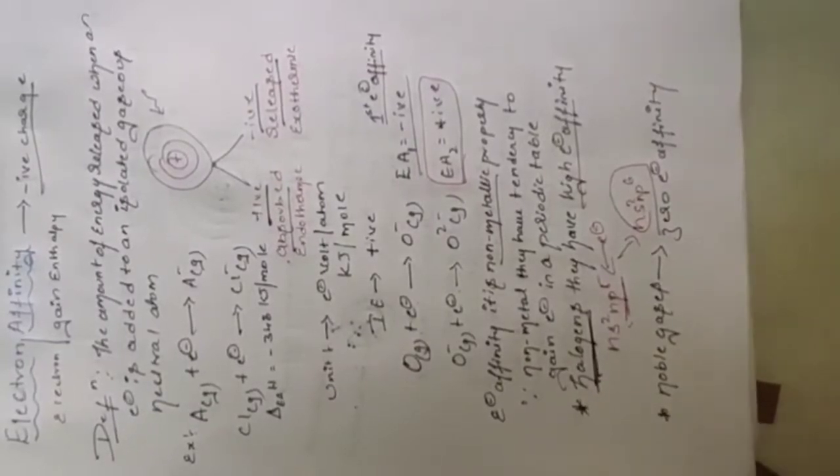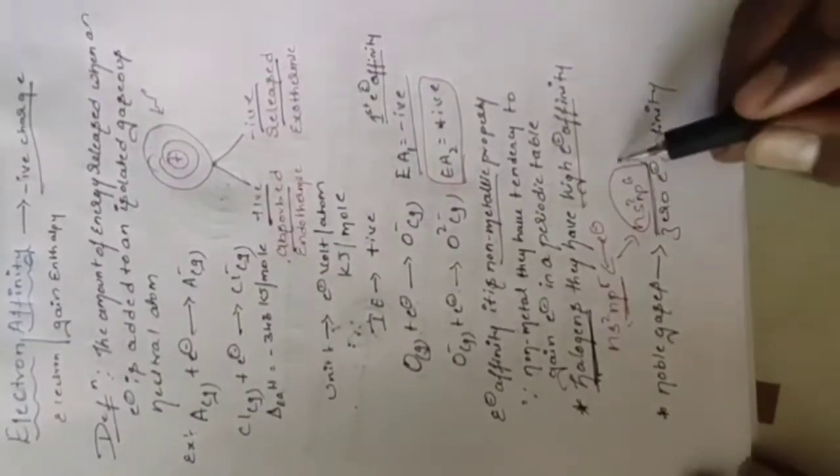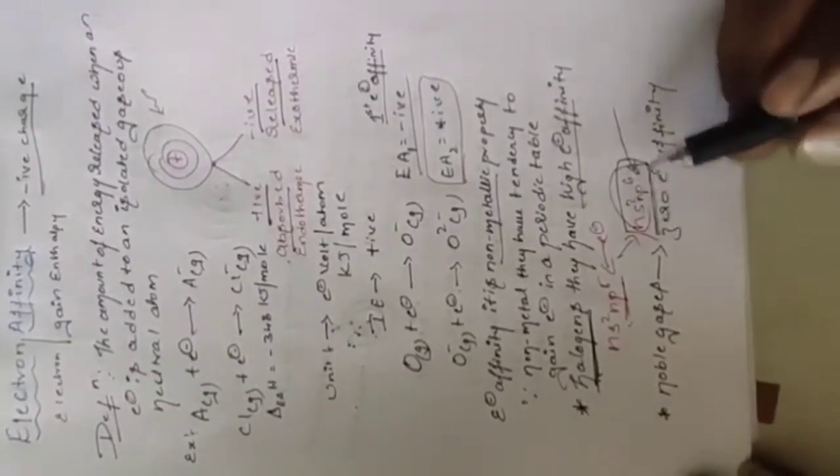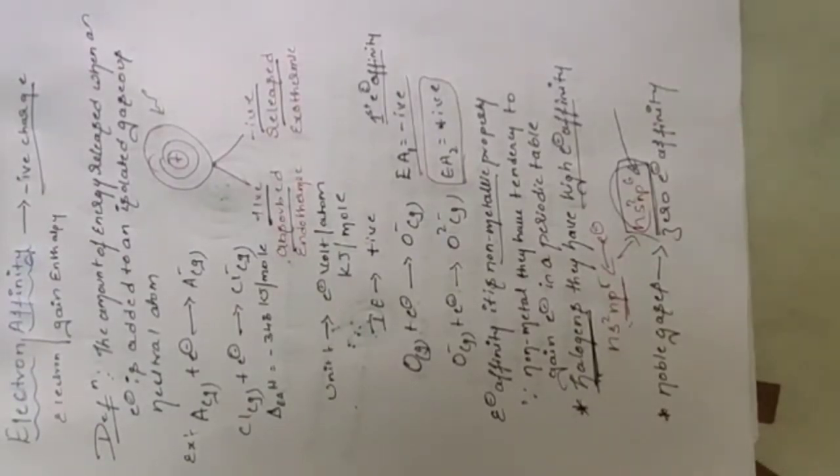Why zero? Because they have completely filled orbitals. They do not want any electrons, so they do not show any electron affinity. You see, in the periodic table, if gaining of electrons occurs, then it is electron affinity. If losing of electrons occurs, it is ionization energy.